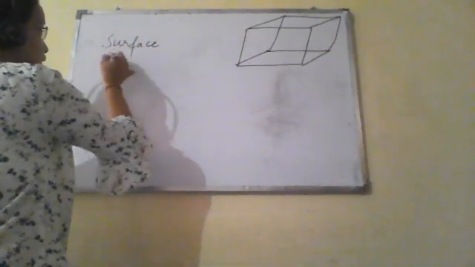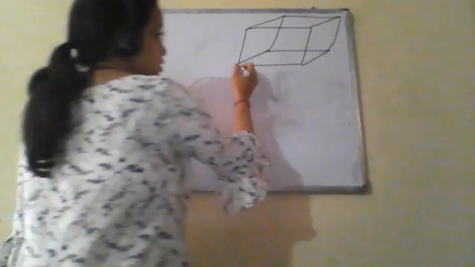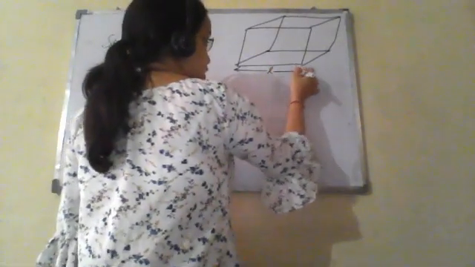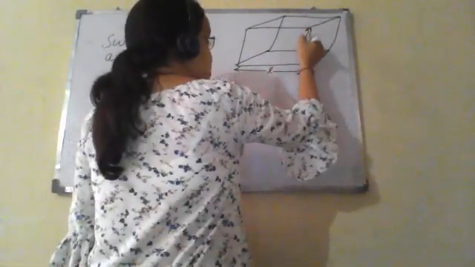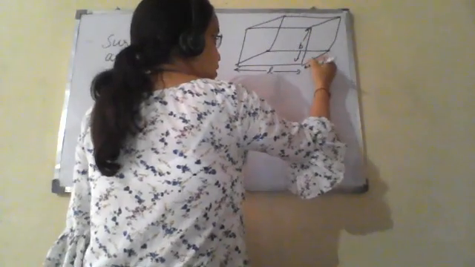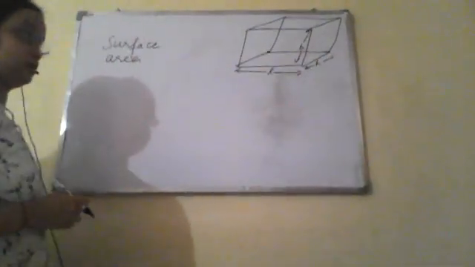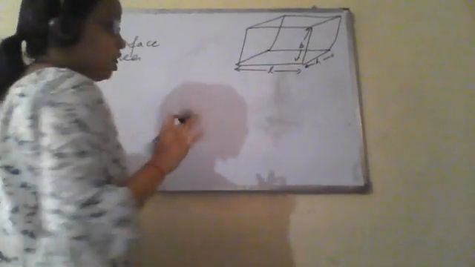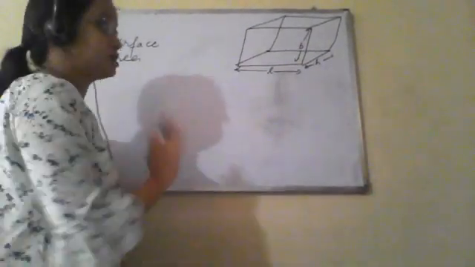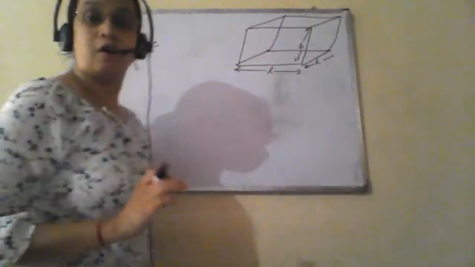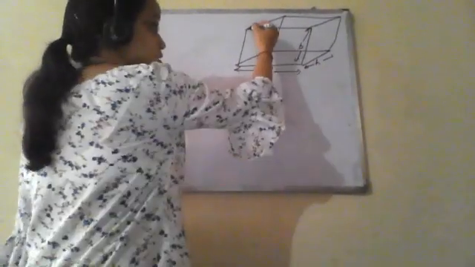As I have explained, there are six surfaces, and you have to calculate the area of all six surfaces. This is height, this is length, this is breadth, and this is height. Clear? So there are six surfaces, and we will calculate the individual area of each surface.